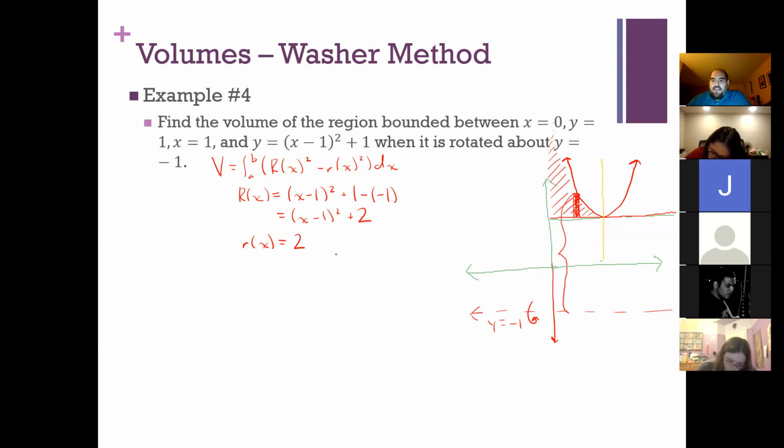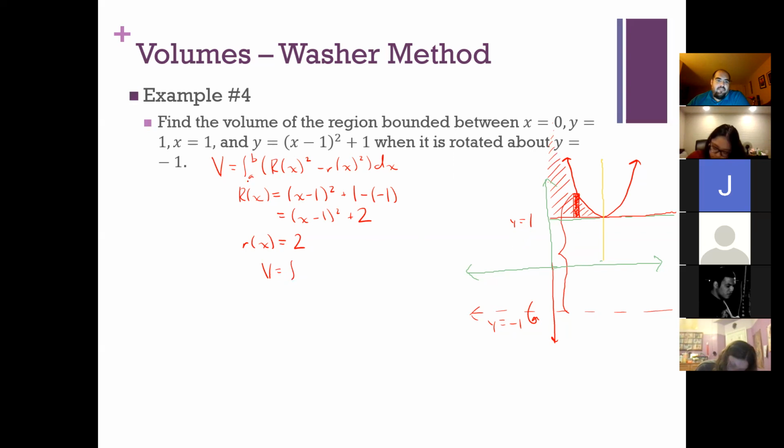What's nice about this one is that the inner radius is just a horizontal line, y equals 1. The difference between y equals 1 and y equals -1 is just 2. So from there, I can start setting up this integral.